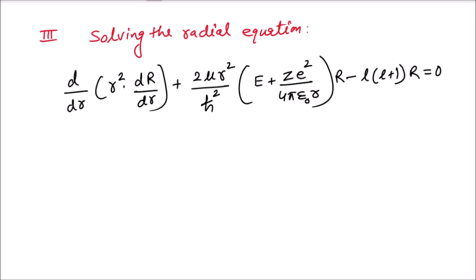So this is the radial equation. We have put the value of A as L into L plus 1.